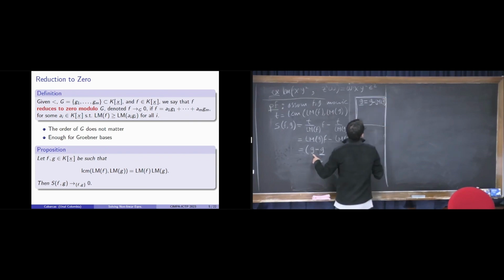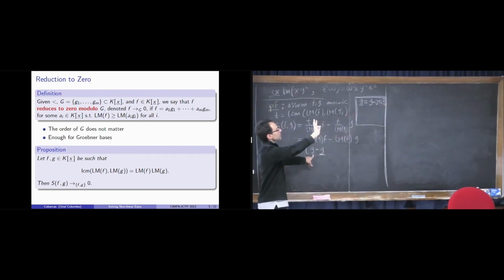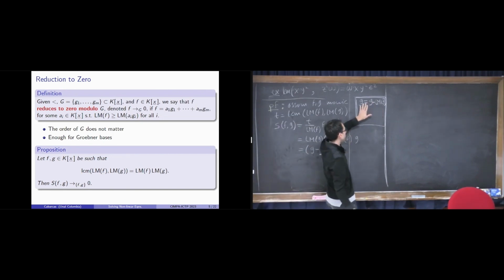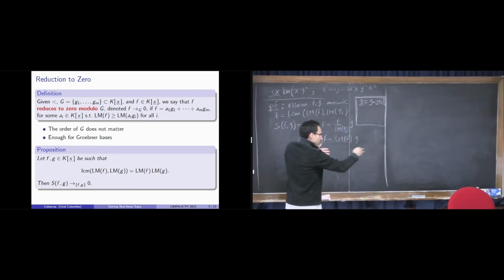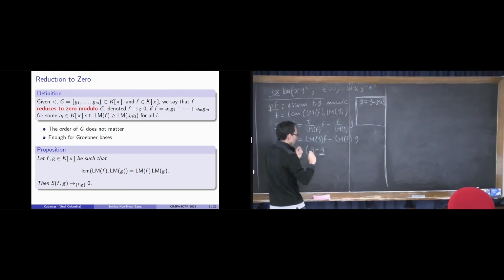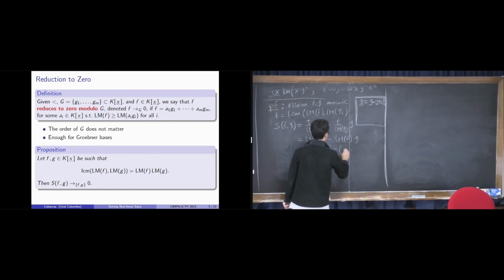So I remove the leading monomial, and what I get is the lower part of the polynomial. So the leading monomial can be written as g minus g underbar. And the same happens with the leading monomial of f. The leading monomial of f is simply f minus f underbar.